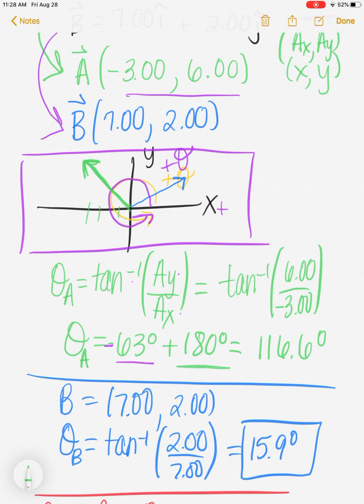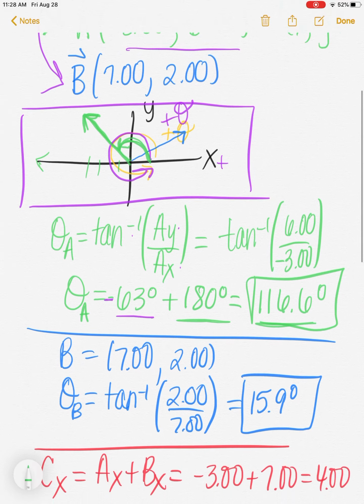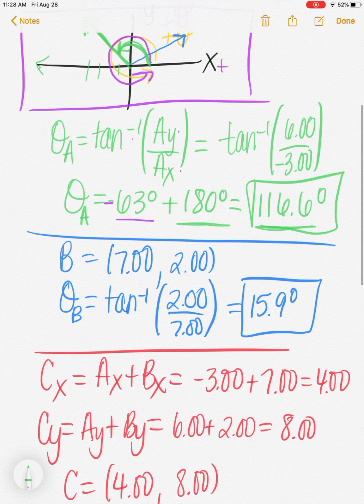That negative 63 actually needs to be added onto 180 degrees, because you fall short by 63 degrees from the 180 degree angle. That gives me 116.6, which means this angle right here, your angle with respect to the positive x-axis, is 116.6. And you only have to do that if you are in the second quadrant.